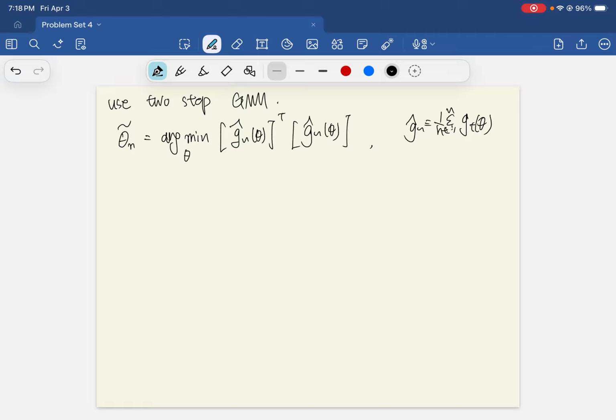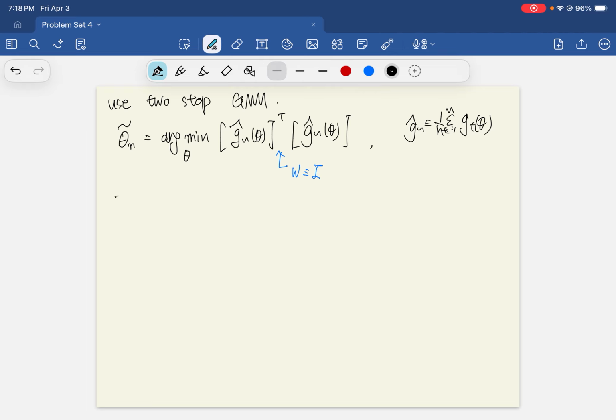So what I'm doing here is the weighting matrix is set as identity matrix. The weighting matrix is simplified, kind of an arbitrary weight, but it doesn't need to be identity, but that would be maybe the simplest weight.